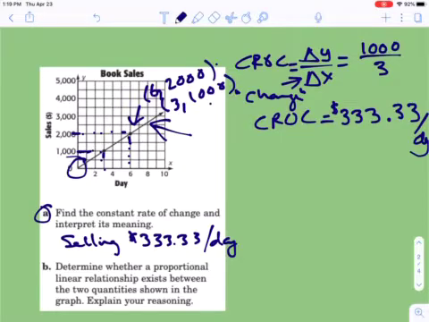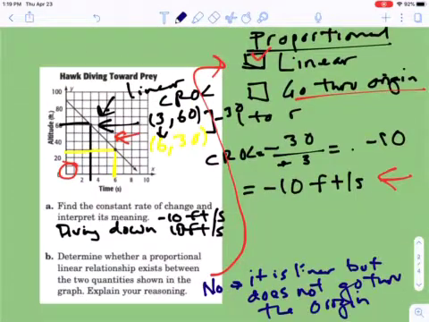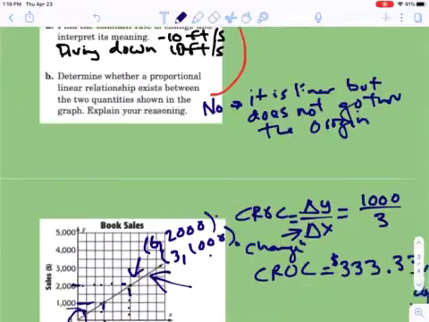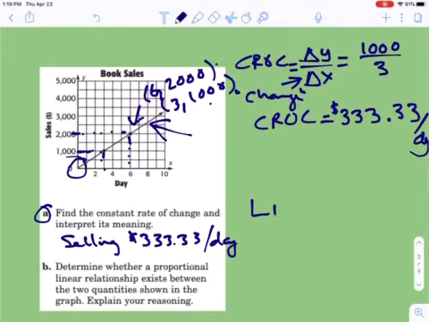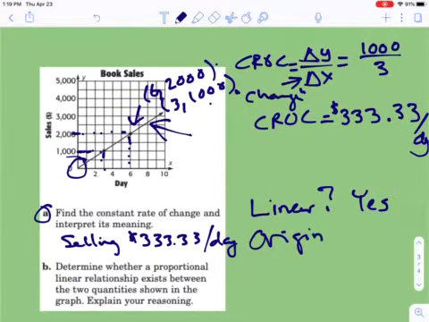Now determine whether a proportional linear relationship exists between the two quantities shown in the graph. Remember, let's go back and look at our chart. It's got to be linear, and it's got to go through the origin. So if I look at this example, is it linear? Yes. Does it go through the origin? Yes. So it ticks both of those boxes.